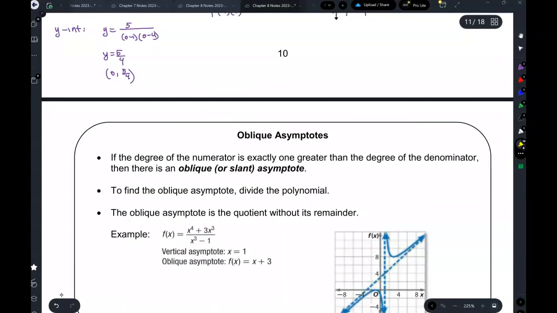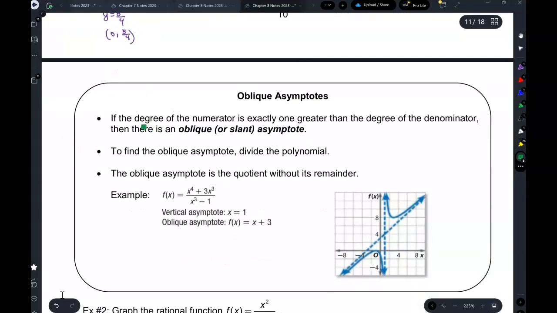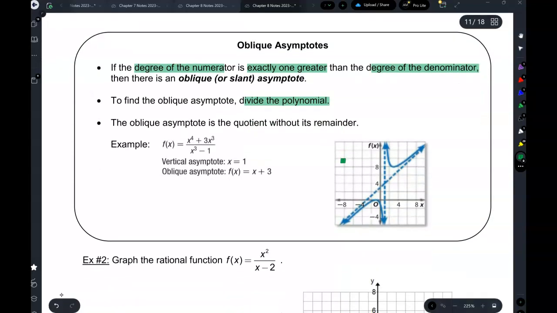So the degree of the numerator is exactly 1 greater than that of the denominator, like x cubed over x squared. To find the oblique asymptote, you have to divide the polynomial, a little bit of long division. The oblique asymptote is then the quotient without its remainder. You're going to divide, throw away the remainder, and just take the quotient.